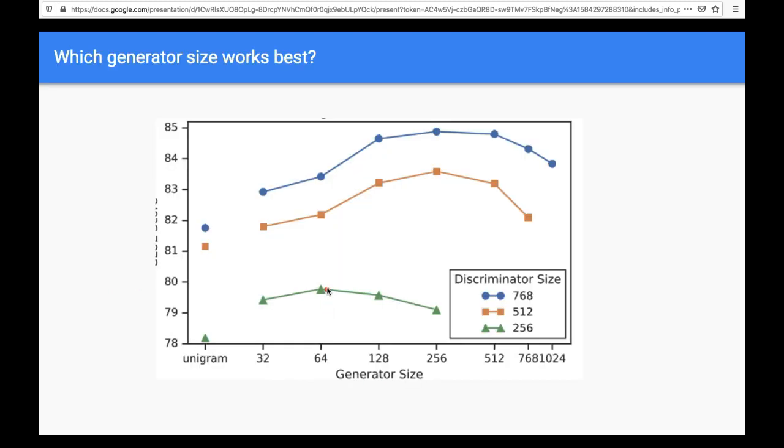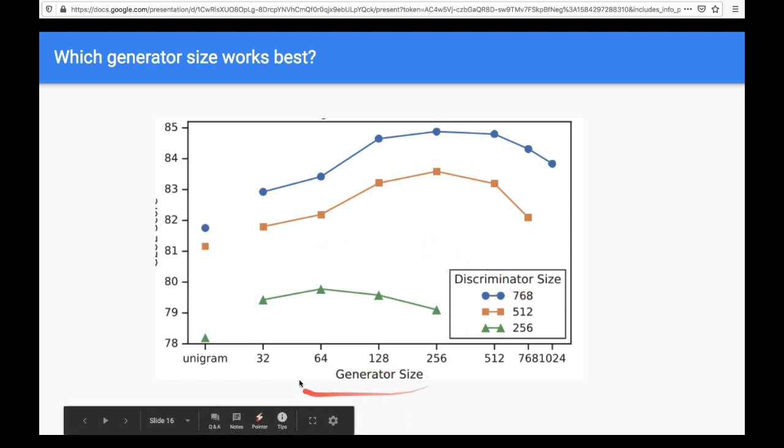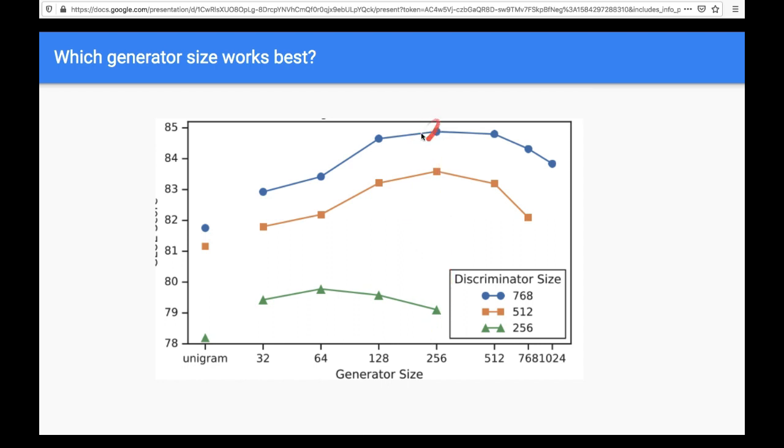Okay, so the authors want to discuss what kind of generator size works best. They found that if you have a discriminator with a hidden dimension size of 768, and your generator's hidden dimension is roughly 1/4 of it, then you have the best performance.